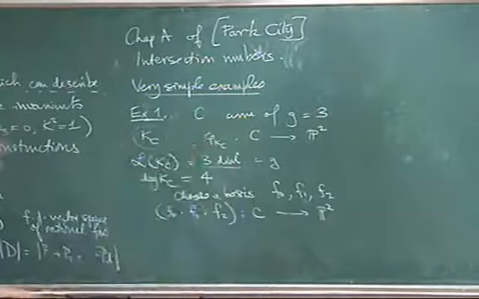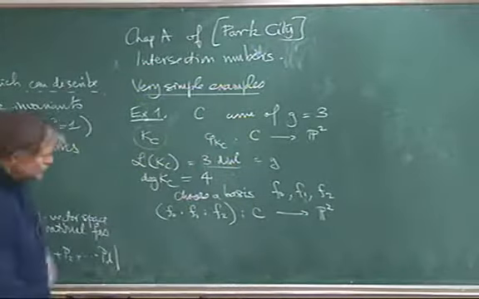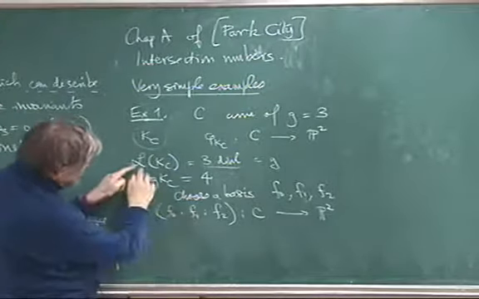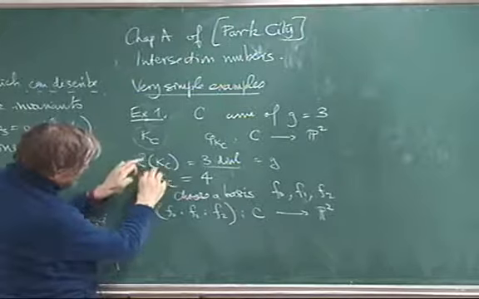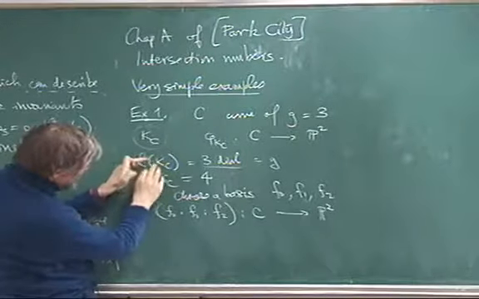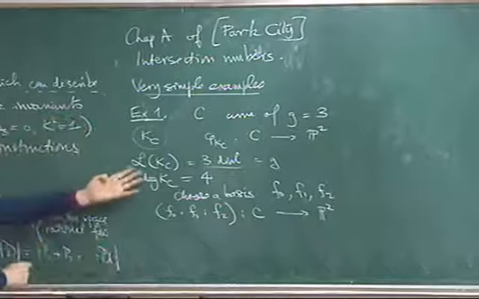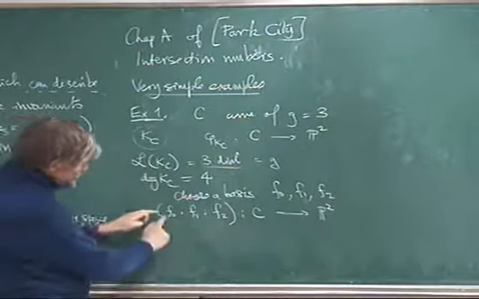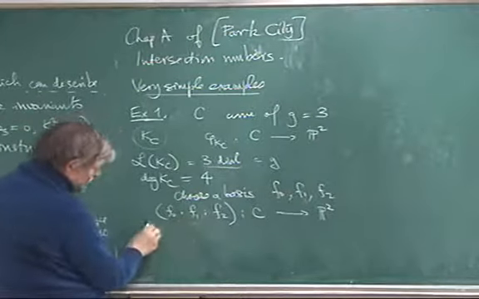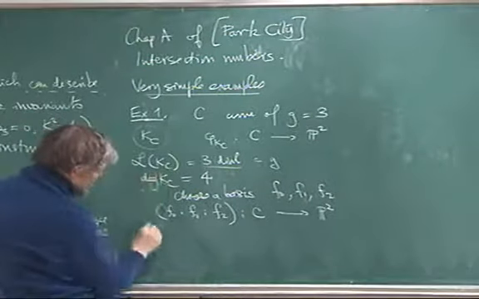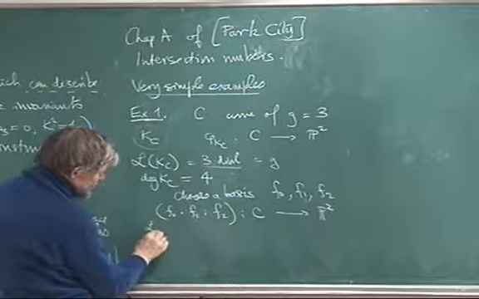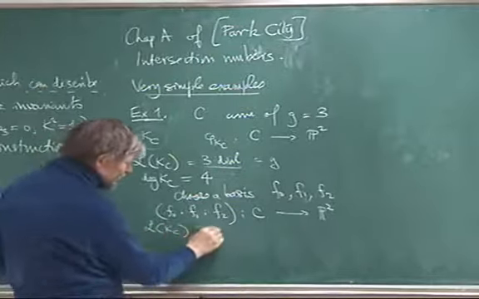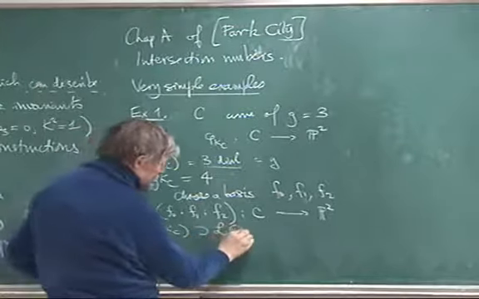These F0, F1, F2 are rational functions, and they have poles at most at some given canonical divisor. So I can take an effective divisor here, then 4 points, right? Then you can show that L(KC), this is a very trivial corollary of the Riemann-Roch theorem.